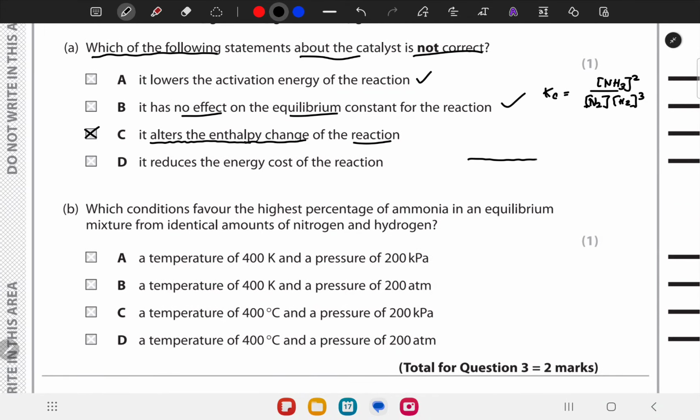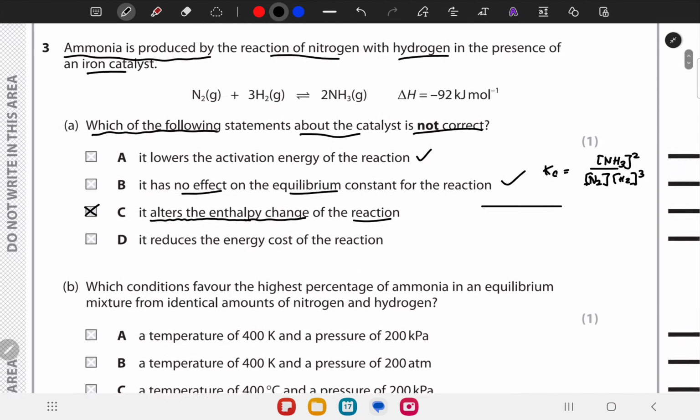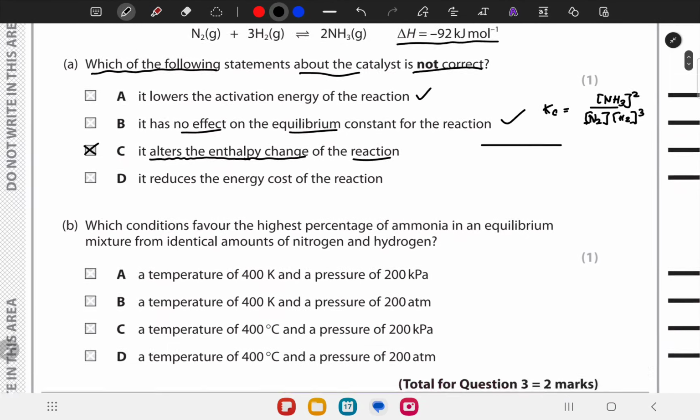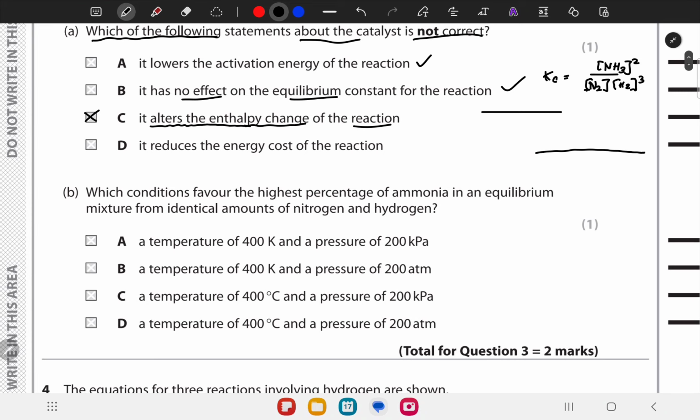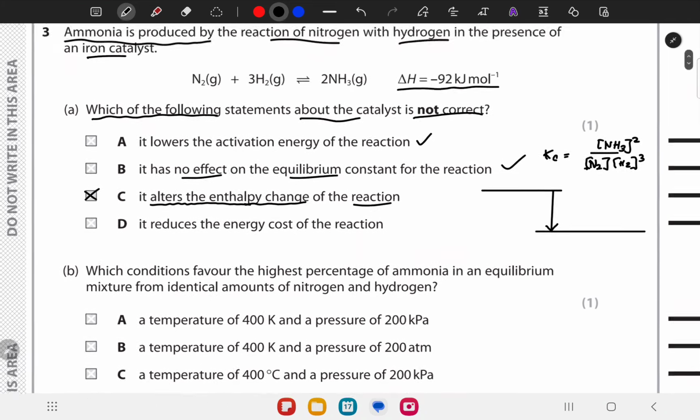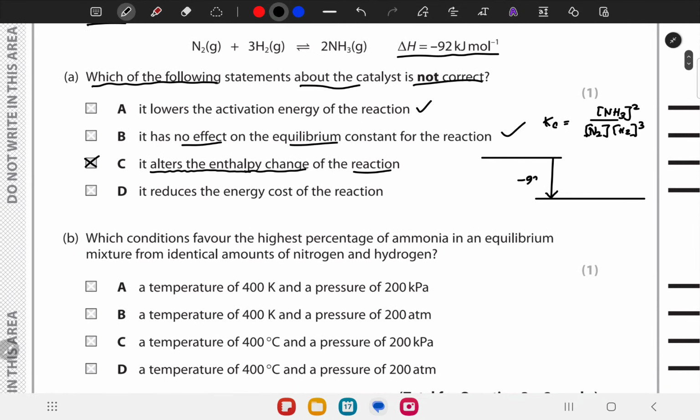If we see an energy level diagram, this is an exothermic reaction, so this is the enthalpy change. And somewhere over here is the activation energy.